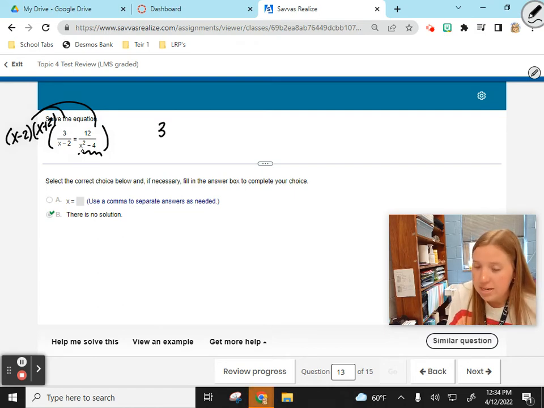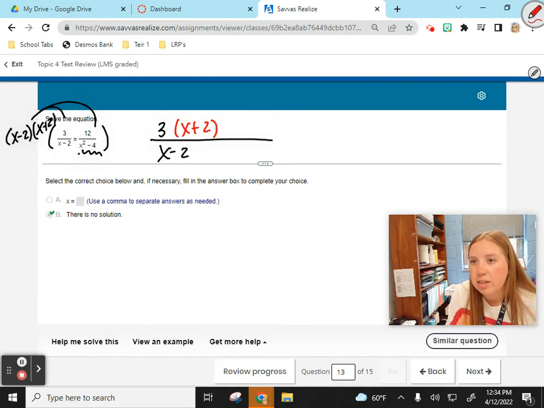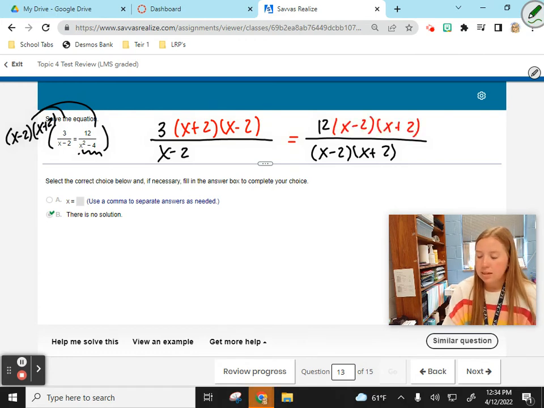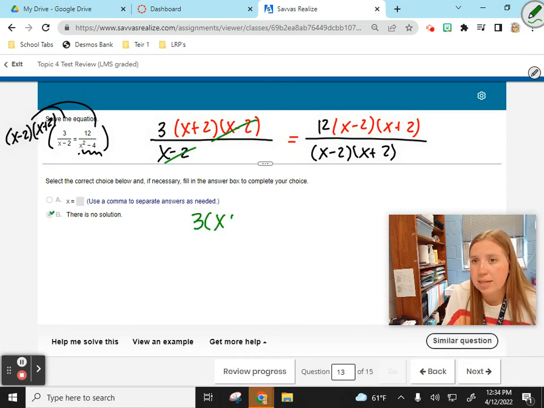So that's going to be 3 over x minus 2 with the LCM in the numerator equals 12 over x minus 2, x plus 2 with the LCM in the numerator. Then we cross off our common terms. So I'm left with 3x plus 2 equals 12.